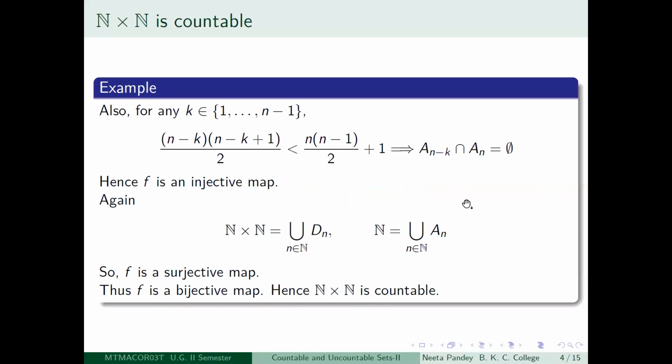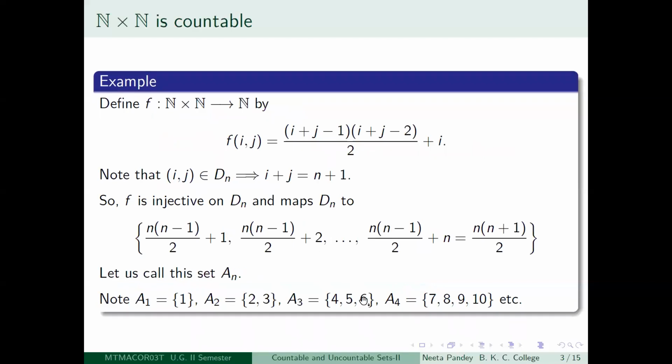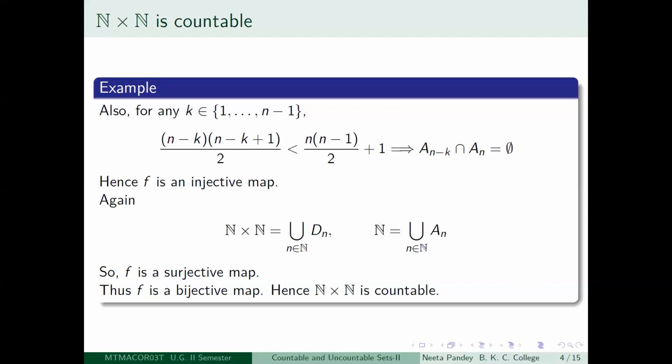What I have done is that I first of all notice what is quite obvious here, that all these AIs are going to be pairwise disjoint. So what have I said? I have said that if I take any k between 1 and n minus 1, then if I look at n minus k into n minus k plus 1 divided by 2, then this is going to be strictly less than n into n minus 1 by 2 plus 1.